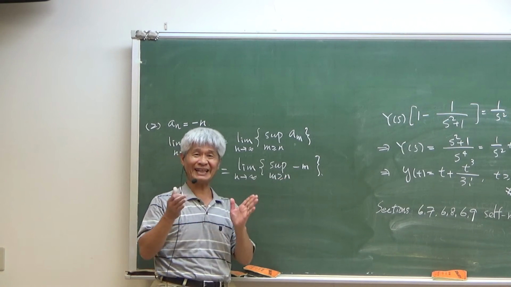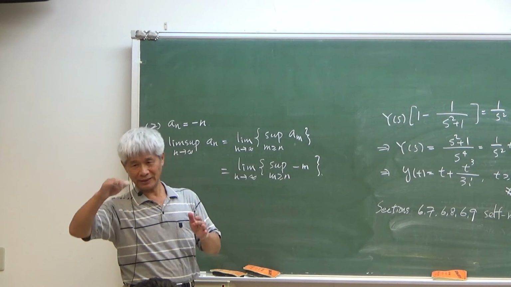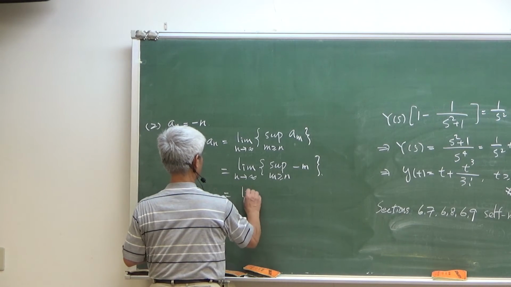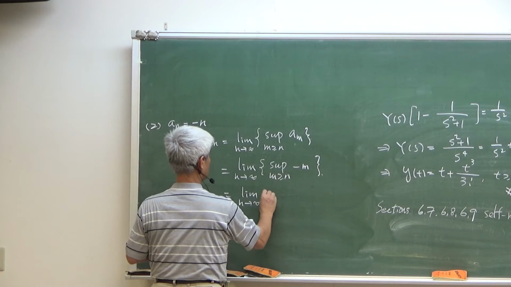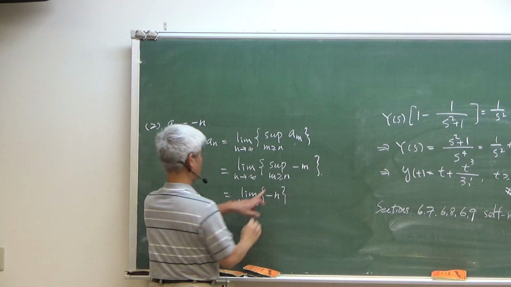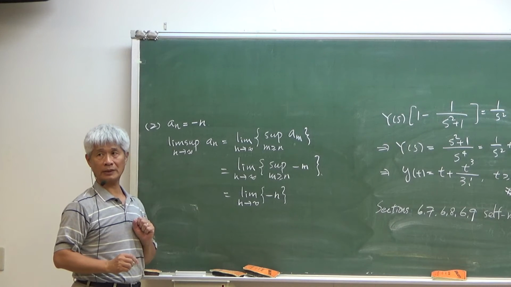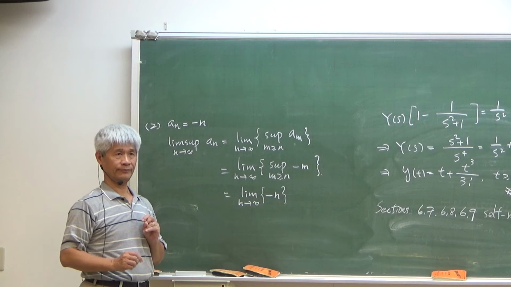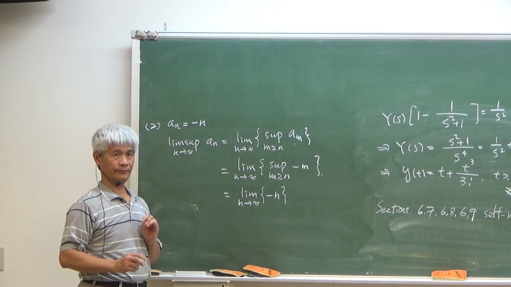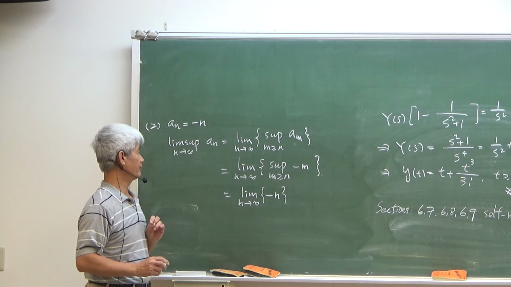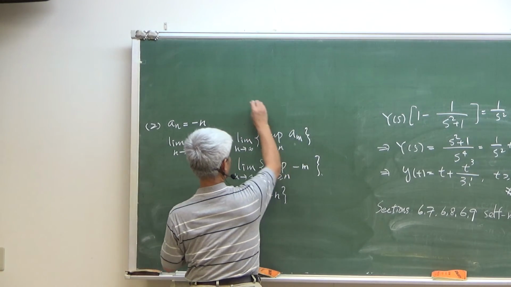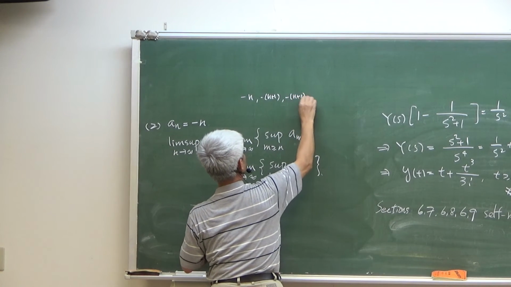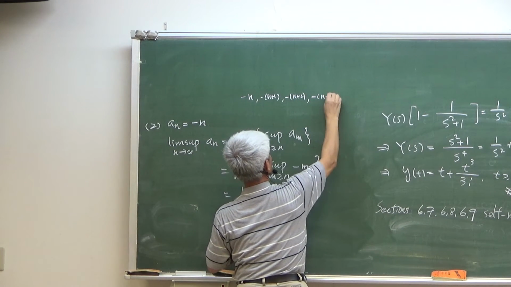Minus n, because minus n is bigger than minus n minus 1, right? In the sequence here you have minus n, minus n minus 1, minus n minus 2.